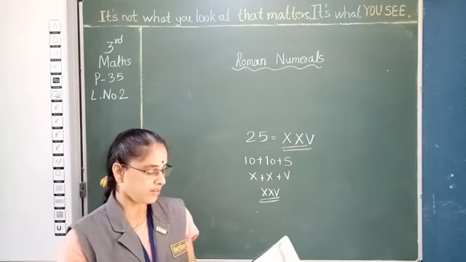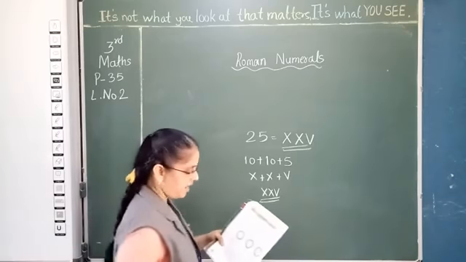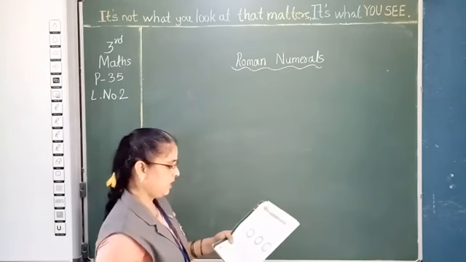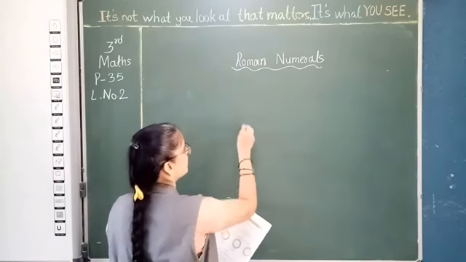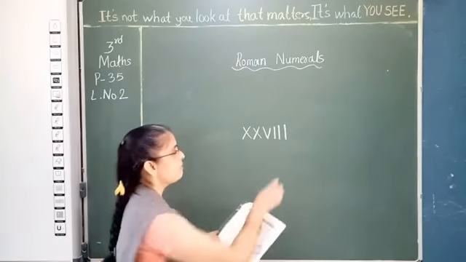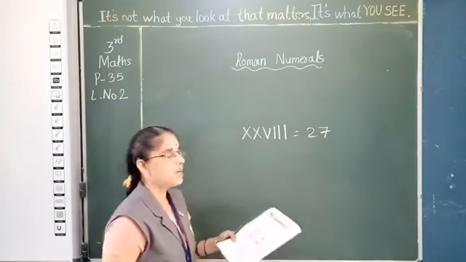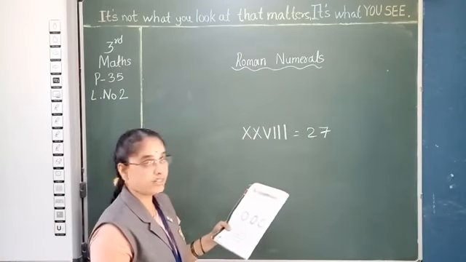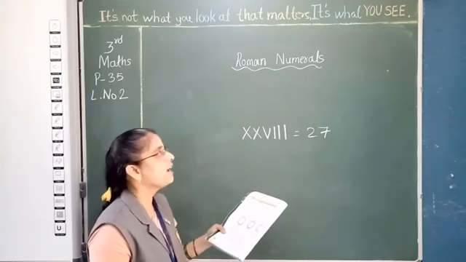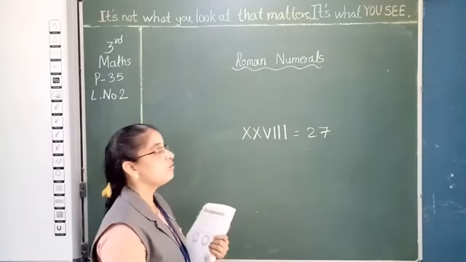Yes. Now the second one: the Roman numeral XXVII represents the number 27. Find out whether it is true or false. Now just find out.